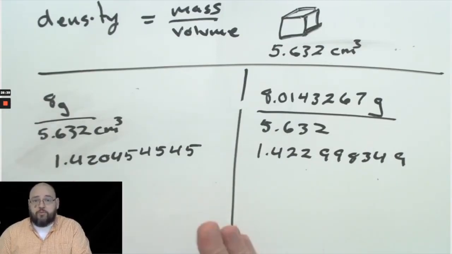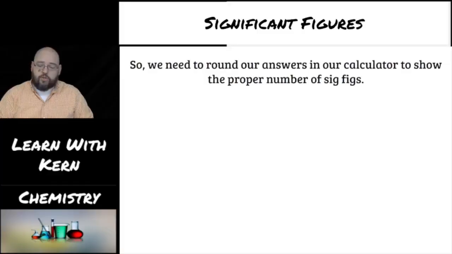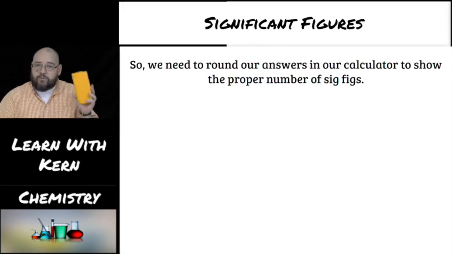Your answers, when you do calculations, must agree with the precision of the tool that you are using. So you need to round your answers in calculations to show the proper number of significant figures. That's the important thing you need to understand. We're going to do our calculations and then we have to round our answers, because the calculator is always going to give you the mathematical answer.